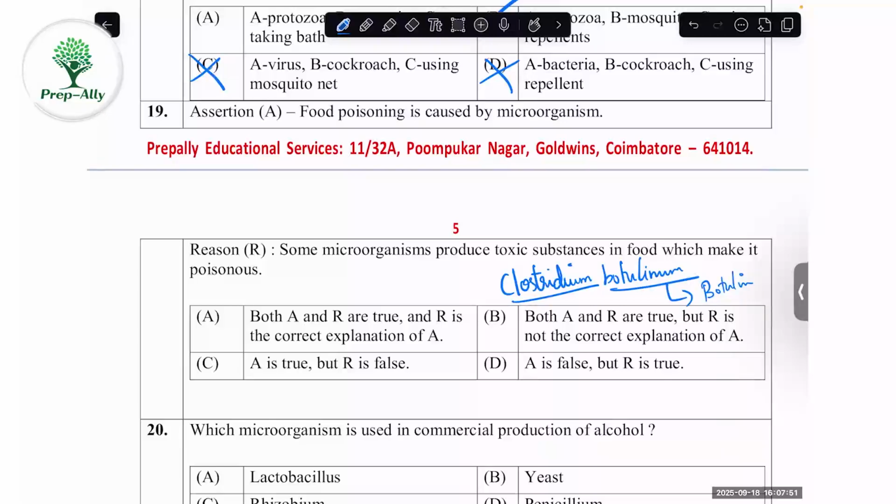This botulin toxin will be produced in that particular food. If we eat that food, we will get side effects due to these toxic products. So both assertion and reason are correct, and the reason is a correct explanation of the assertion. So 19th is A.